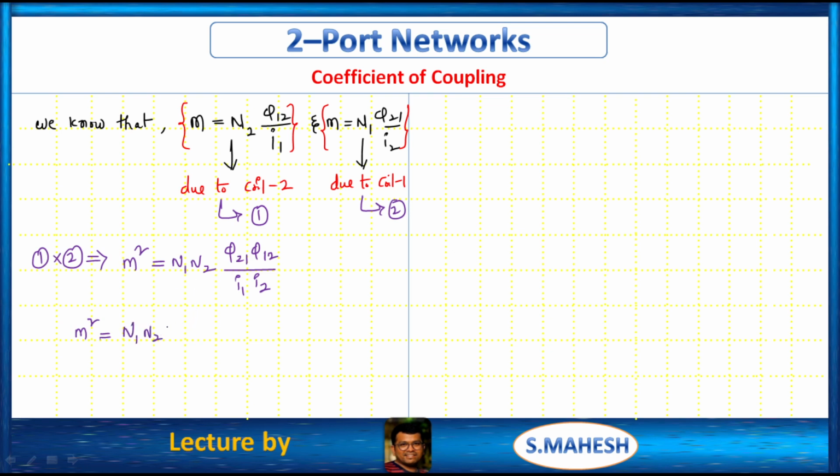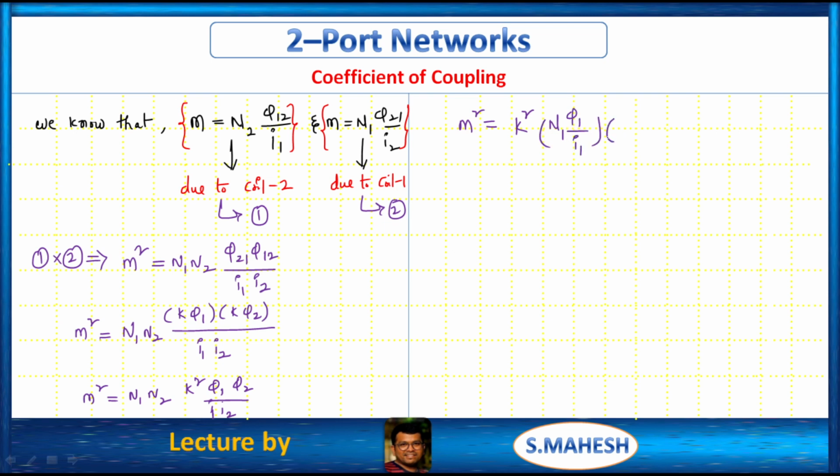In place of phi 21, we substitute k into phi 1, like that, k into phi 2, by I1 I2, right? Therefore, M square is equal to N1 N2 into k square phi 1 phi 2 by I1 I2.